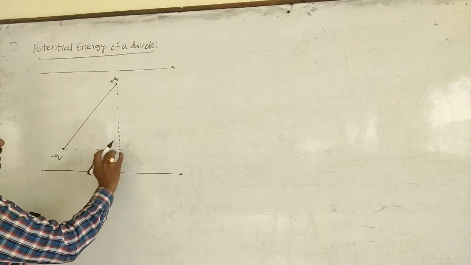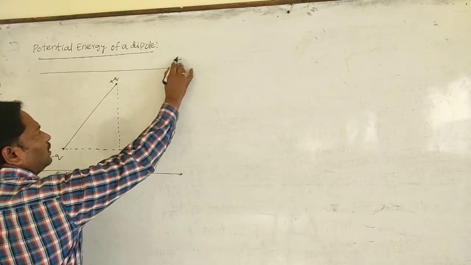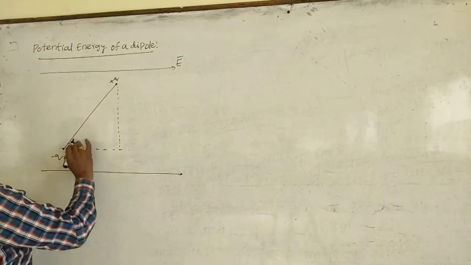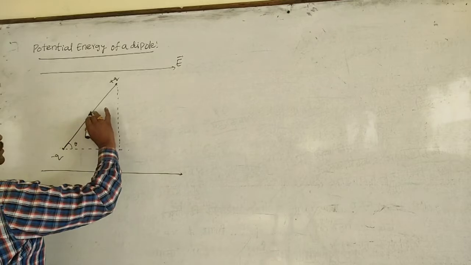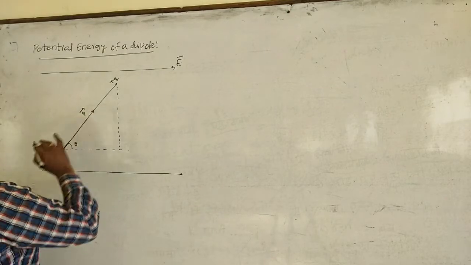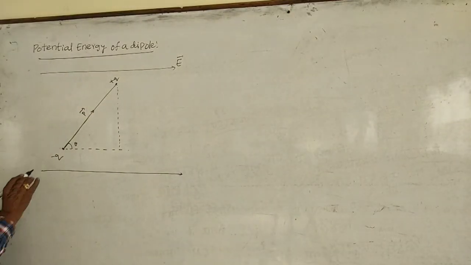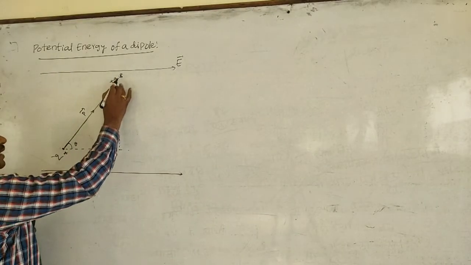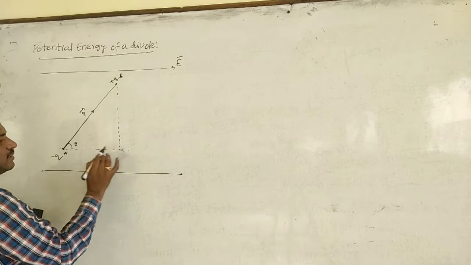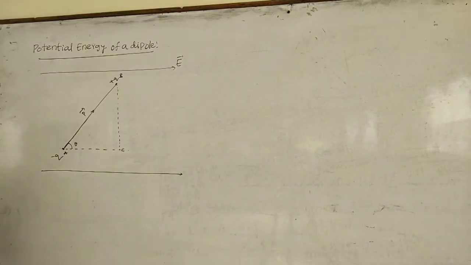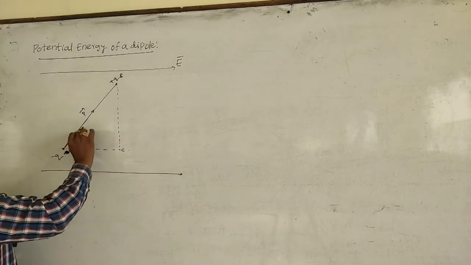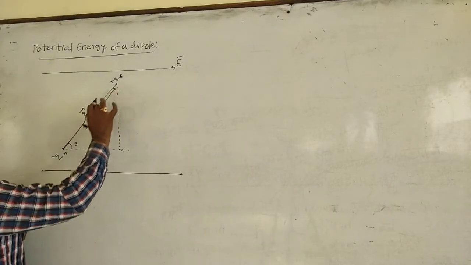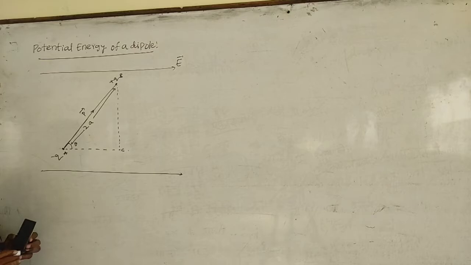This is the electric field, and this is the dipole moment P bar. Let's consider this is A, this is B, and this is C. The length of the dipole is 2a.